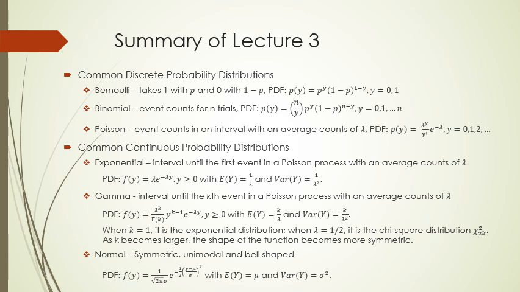The normal distribution is symmetric, unimodal and bell-shaped. The mean is mu and the variance is sigma squared. When mu is 0 and sigma is 1, it is a standard normal or z distribution.